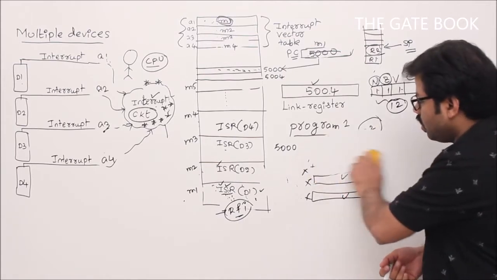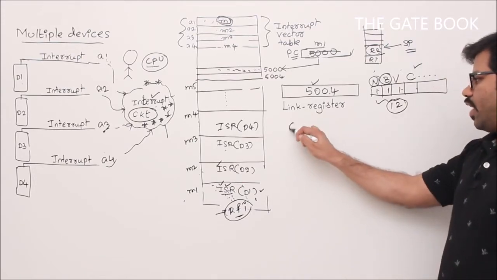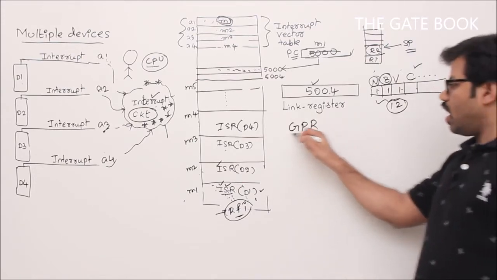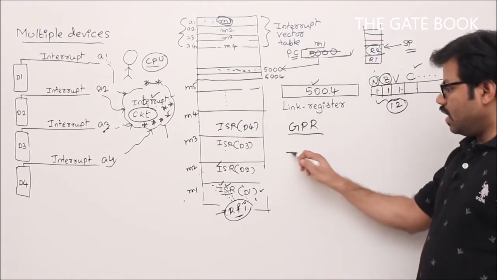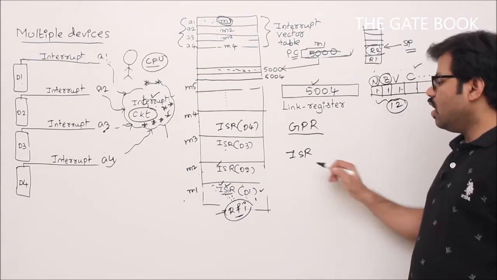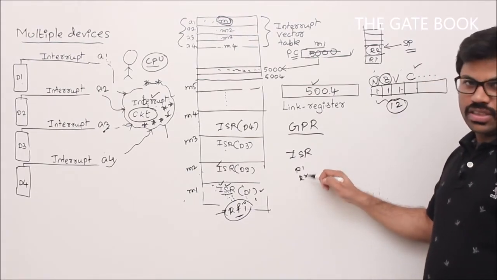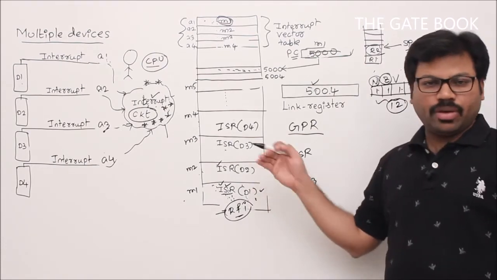But why not store them? What is the reason? Ask yourself. Why should general purpose registers not be stored by this automatic circuit? Very simple. Because the interrupt service routine which is going to come for execution is going to use only one or two registers, right? Correct? Maybe one or two or three. In such a way they will be implemented efficiently.